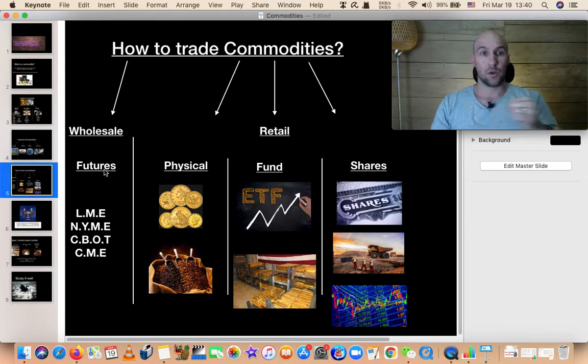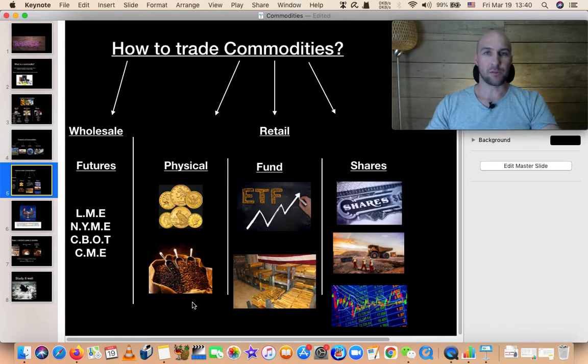And you can also buy futures contracts, and I'll go a little bit into futures contracts right now, in basic form, just to give you an understanding. But this is the wholesale. Another one that the retail investor can look at is you can buy the physical commodity, like a gold coin or a sack of coffee.